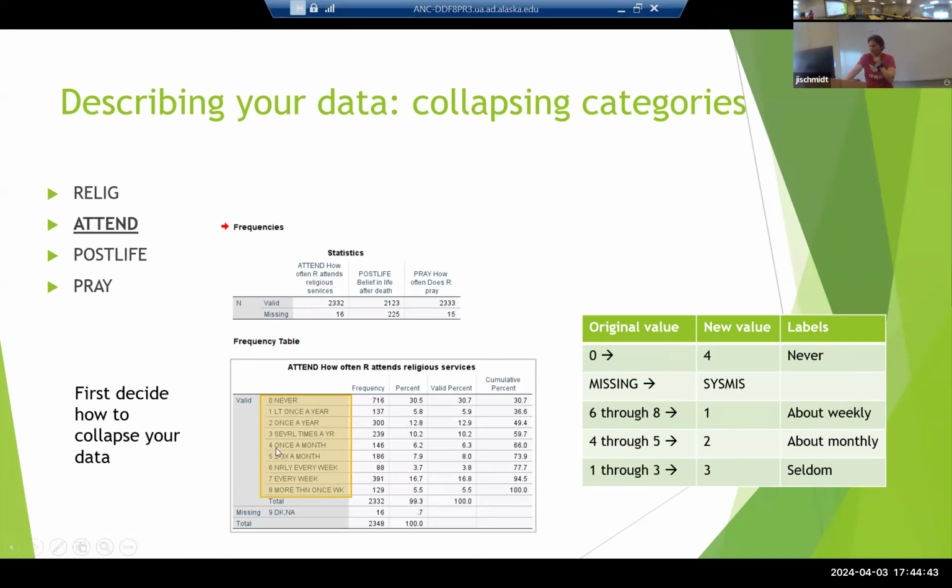And 4 through 5, so once a month, 2 to 3 times a month, that's going to be variable 2, about monthly. And then 1 through 3 is going to be 3, and we're going to call it seldom. And then 0 is never. So we took all these 8 and collapsed it into 4 categories. It's also important to remember to transfer your missing over. Your missing values need to be coded as missing values in your new variable.